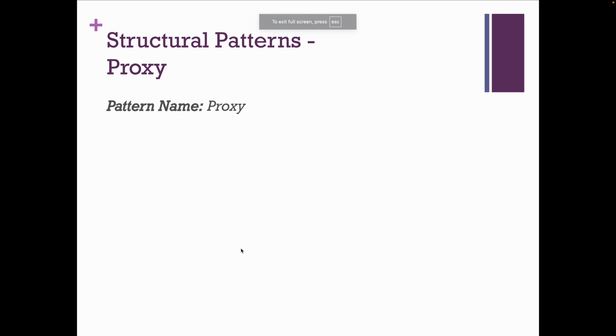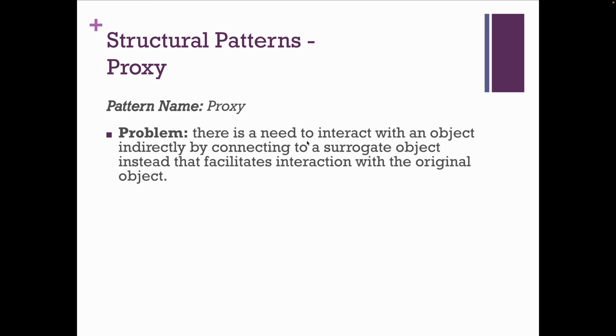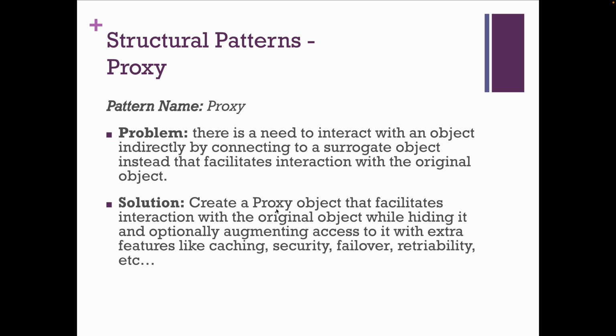Proxy is basically there is a need to interact with an object indirectly by connecting to a surrogate object instead of the main object that facilitates interaction with the original object. So create a proxy object that facilitates interaction with the original object, while hiding it and optionally augmenting access to it with extra features like caching, security, failover, retriability.